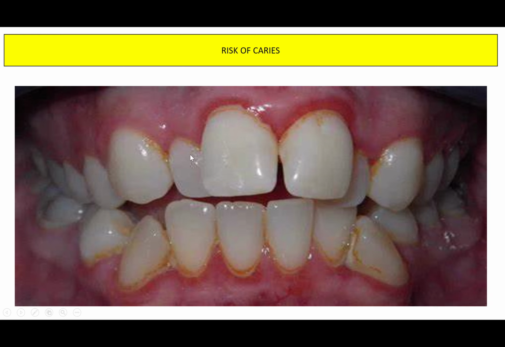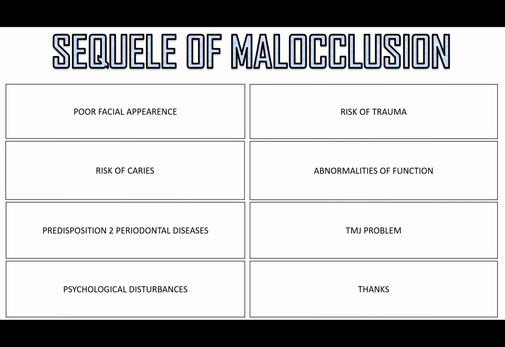This reduces the capability of a person to brush correctly. Here you can see the plaque accumulation because there is less capability to brush properly, and the malocclusion also decreases the potential for natural tooth cleansing by saliva, so it increases the risk of caries. So whenever a patient has a malocclusion, it increases the risk of caries for the patient. This was the second sequelae of malocclusion.